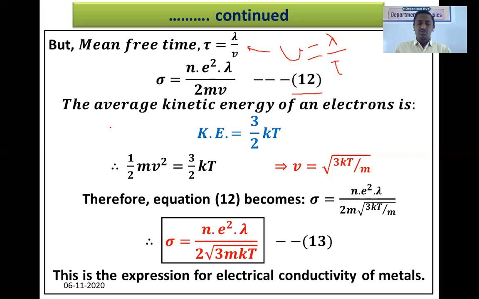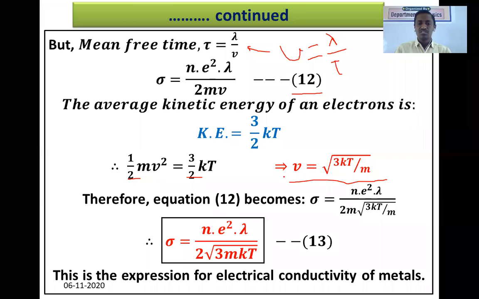Also we know the kinetic energy can be written as half m v square, where m is the mass of the electron and v is the average velocity of electrons. Here the 2 from LHS and RHS get cancelled, and we send this m to the other side, so it becomes 3kT upon m. Take the square root and solve for v. So v equals under root of 3kT upon m.